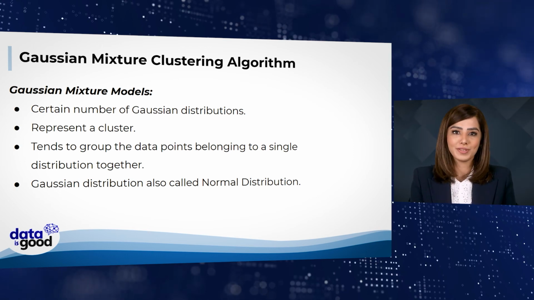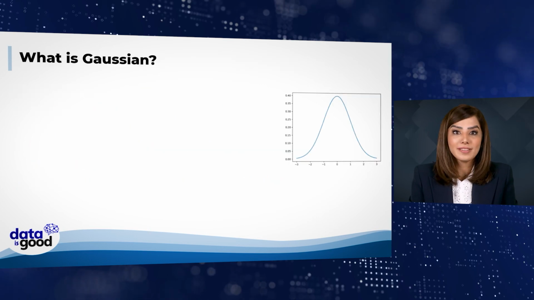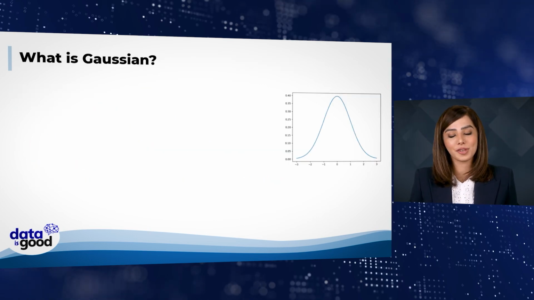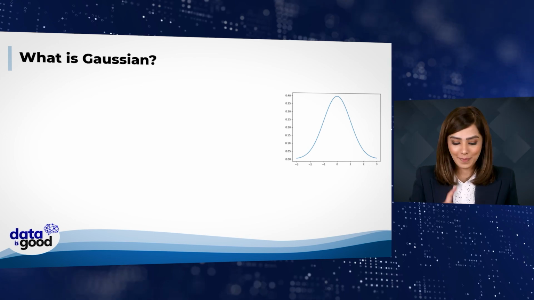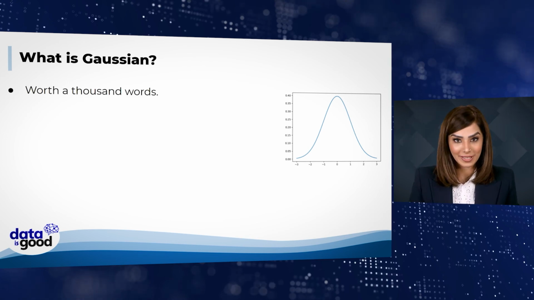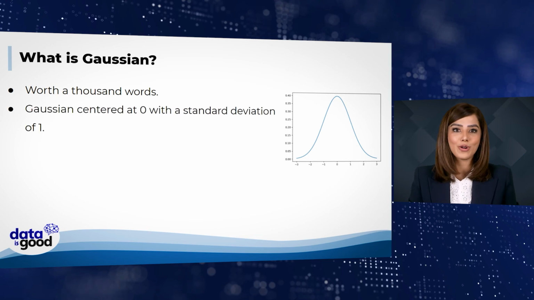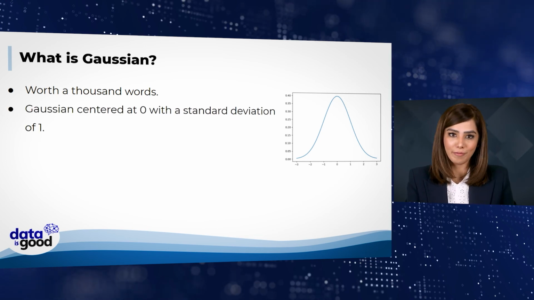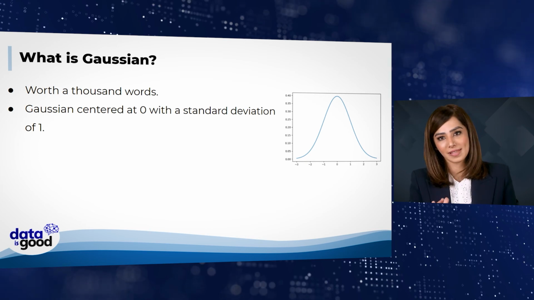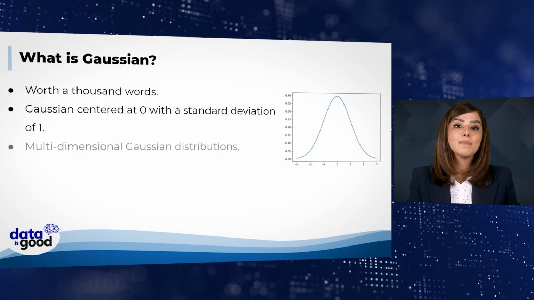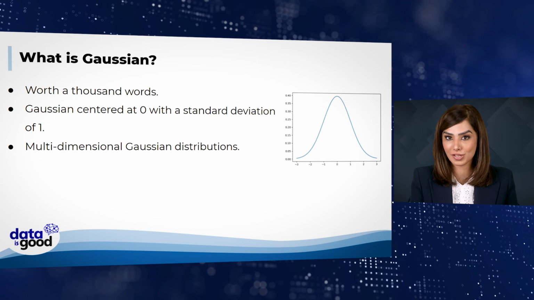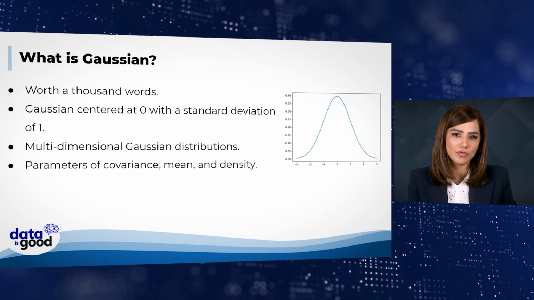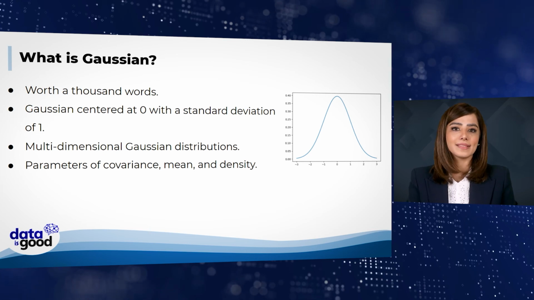The first question you may have is, what is a Gaussian? It's the most famous and important of all statistical distributions. A picture is worth 1,000 words. So here's an example of a Gaussian centered at 0 with a standard deviation of 1. It assumes that the data points come from multi-dimensional Gaussian distributions that could have varying parameters of covariance, mean, and density.